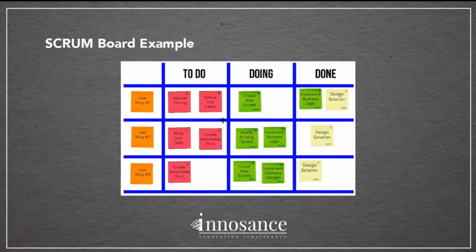So let me give you an example from my experience. I was doing consultancy and Scrum mentoring at a company previously, and they had created a Scrum board like this on a whiteboard, and the whiteboard was in the meeting room. It doesn't make any sense at all, because it is in the meeting room and it stays there, and you cannot erase it.